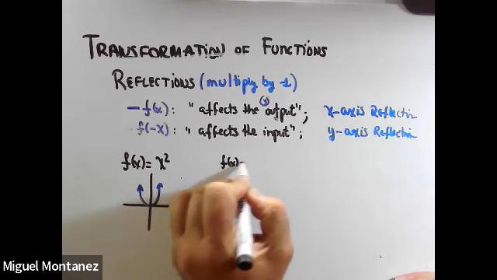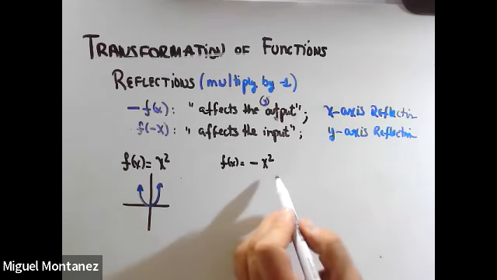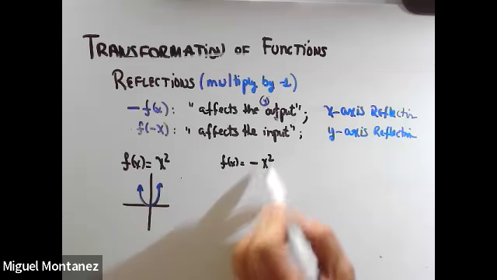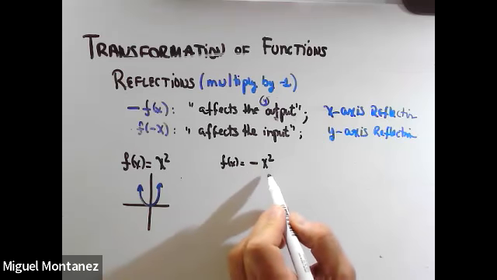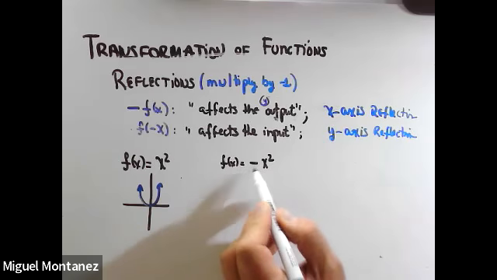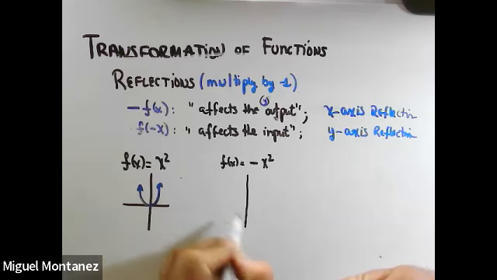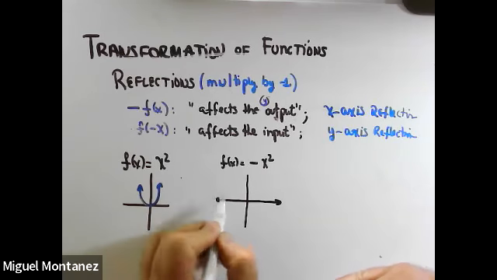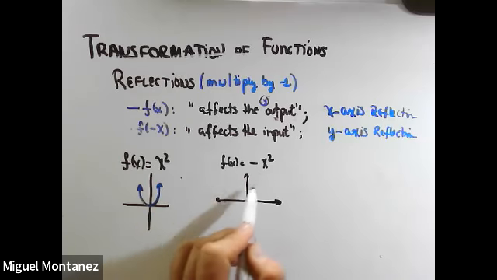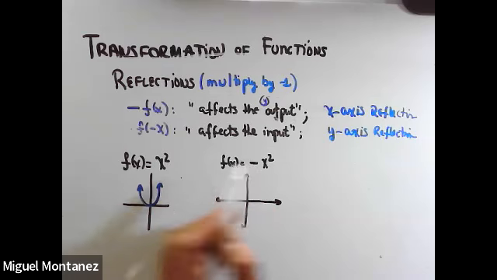So I have f of x equals the opposite of x squared. Remember, order of operations: exponents always go first. So first we square, we raise to the 2, and then we multiply by -1. Sorry, it's affecting the output because we multiply by -1 after we square.